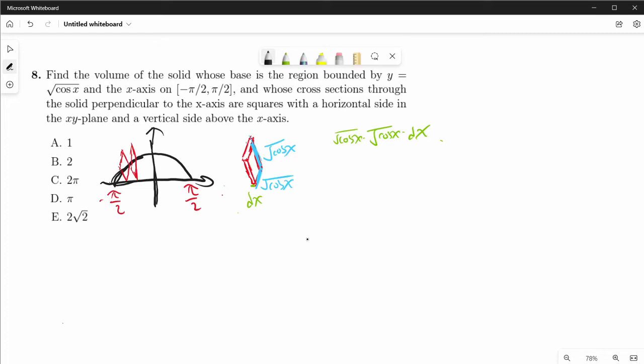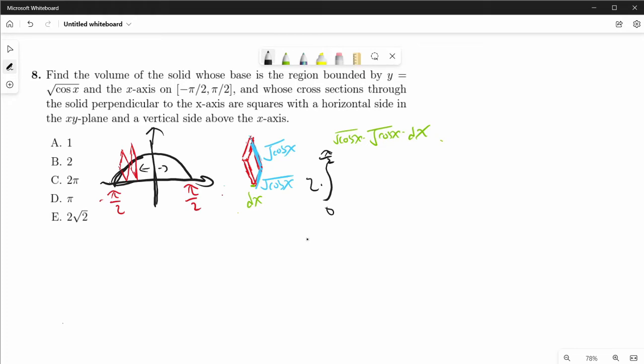So once we have a single slab, we can then write an integral to sum them all up, right? We have from negative pi over 2 to pi over 2, and then we have, actually, let's consider using different bounds. 2 times the integral from 0 to pi over 2, because it's symmetrical.